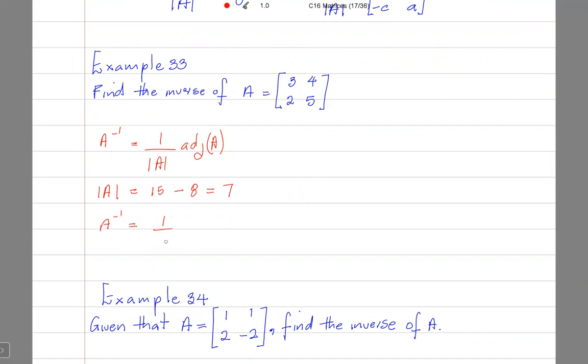So A inverse would be equal to 1 over 7 times the adjoint. You're going to switch around the leading diagonal elements, so 5 and 3 switch around. The other two elements stay where they are, but their signs change.